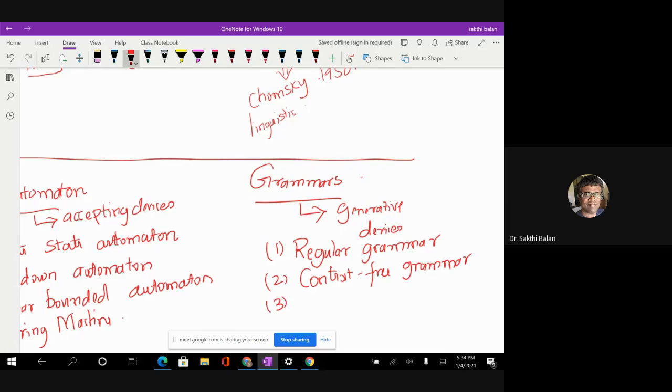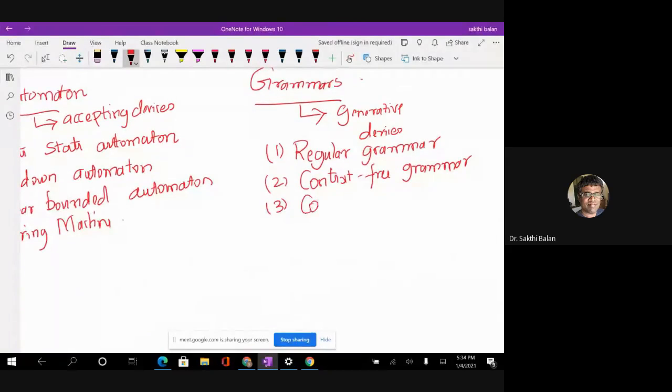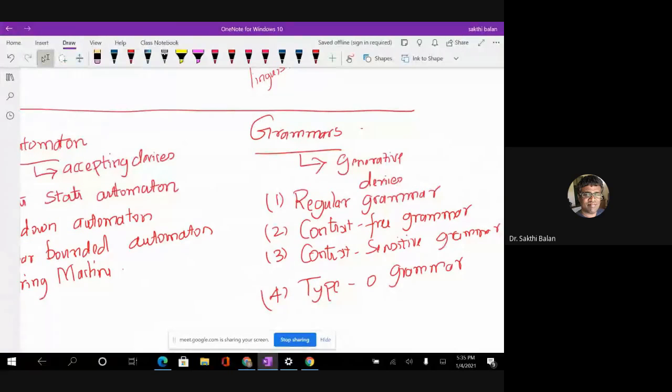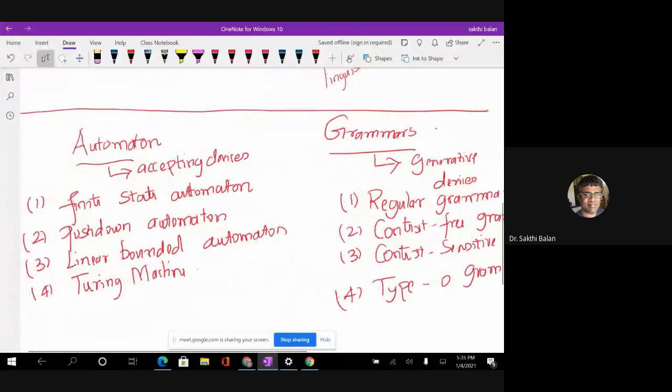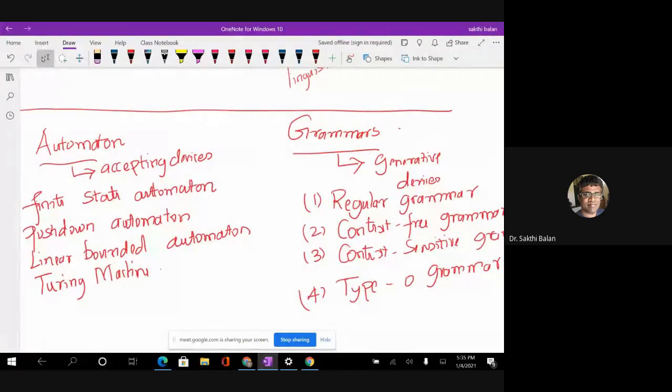Third is context-sensitive grammar. And fourth is type 0 grammar.